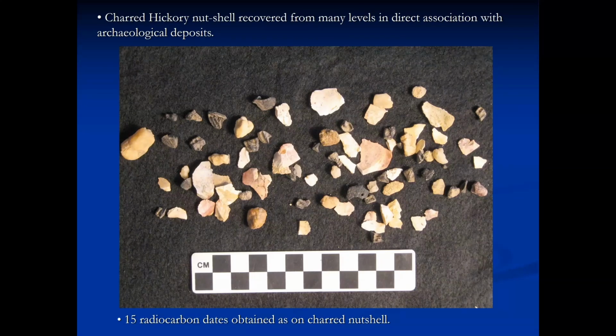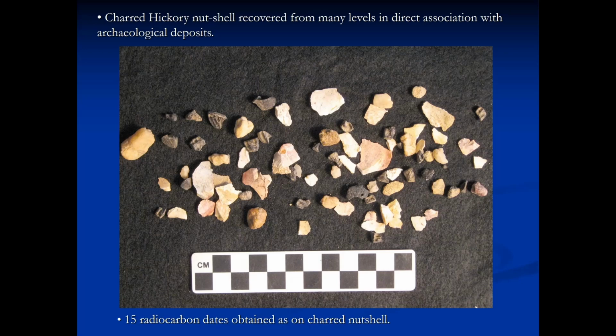This is when we screen all the material through a 1/4-inch screen or 1/8-inch screen. We keep everything in the screen, right? Everything that doesn't fall through, we keep it. We wash it, and at this site and others, we've got charred hickory nut. We think it's hickory nut that's been burned in a fire. They probably smashed it, processed it. The shell was burned. When you burn hickory nut, it's inert.